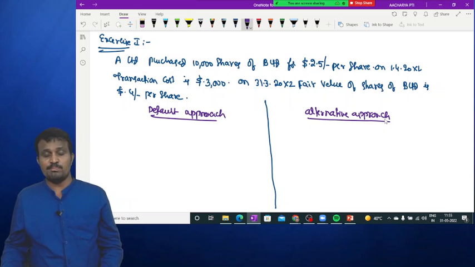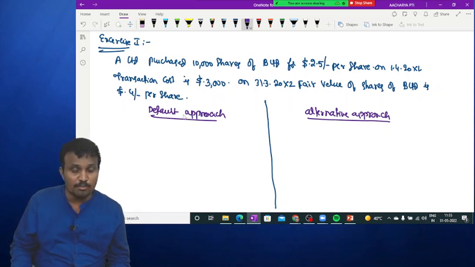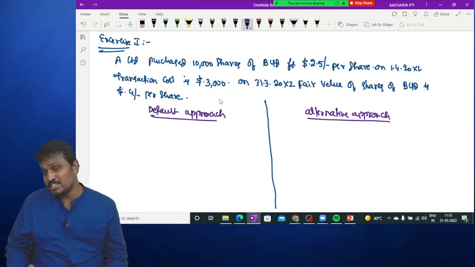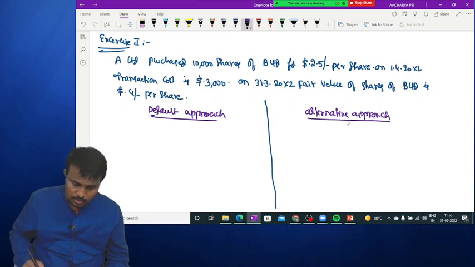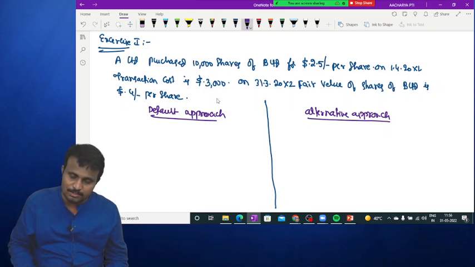If A Limited purchases the shares for trading purpose, it is covered under the default approach. If A Limited purchases the shares for holding purpose or long run purpose, that is covered under the alternative approach. Then here we need to calculate the fair value gain or loss. Then first, what is the initial cost here?